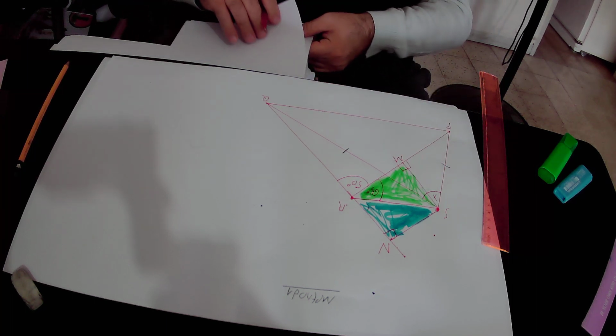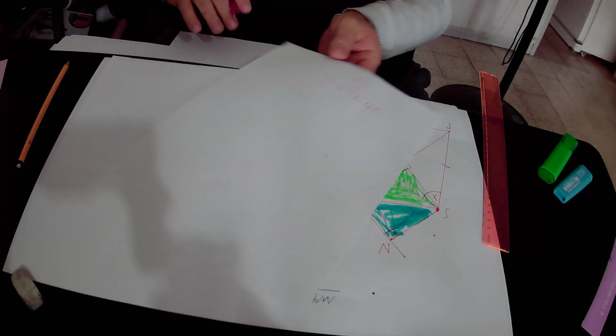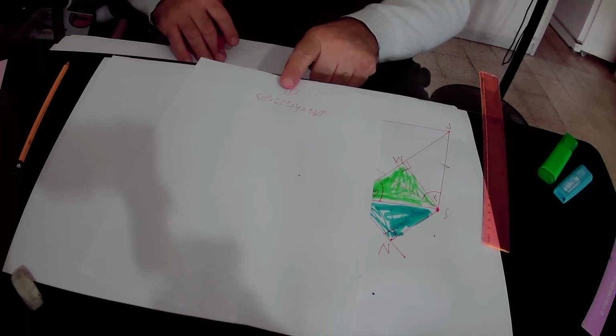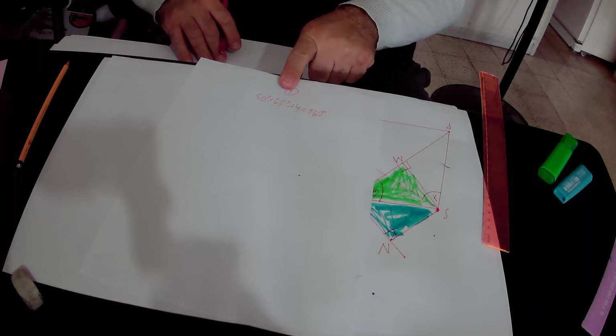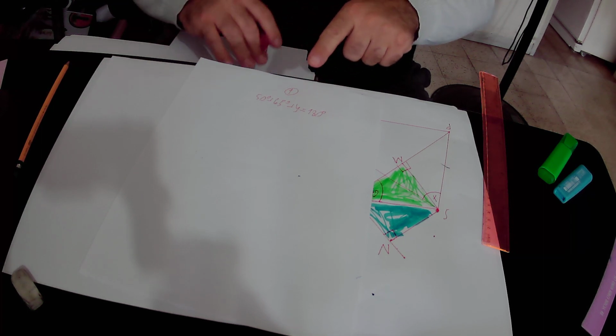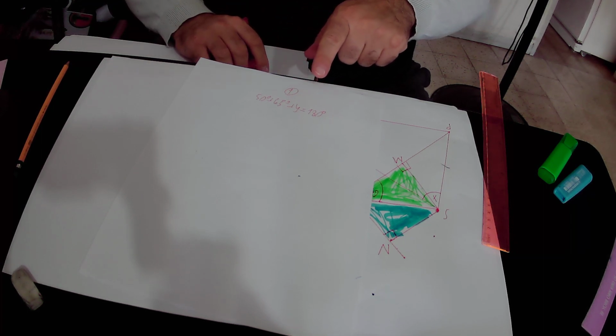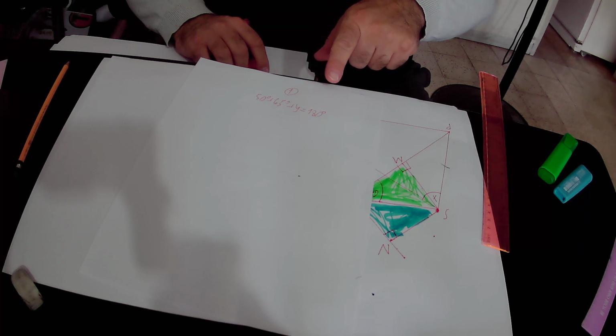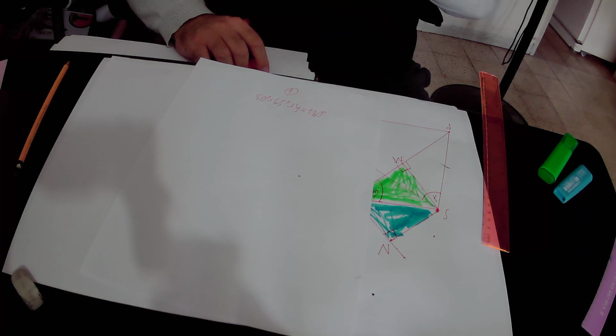So we have this equality: 50 degrees plus 65 degrees plus the size of angle Y must be equal to 180 degrees.